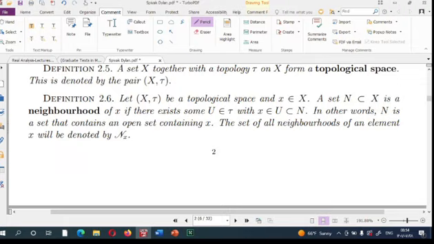In other words, N is a set that contains an open set, because U is an open set, any element of topology is open. In other words, N is a set that contains an open set containing x. The set of all neighborhoods of an element x will be denoted by N of x.